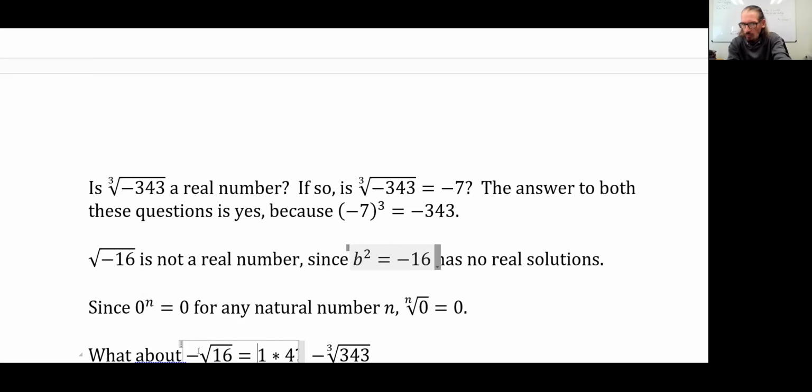And so the negative in front of it is saying that we wanted the negative square root in that case. And on this one, we already saw just in these last few examples that the cube root of 343 is 7. So the negative of the cube root of 343 is -7.